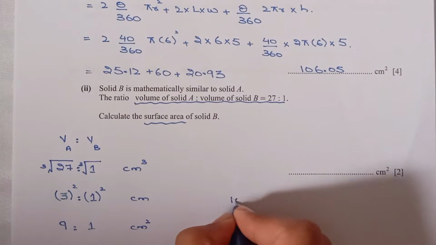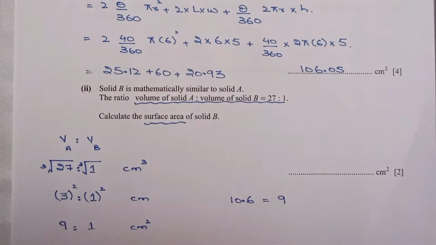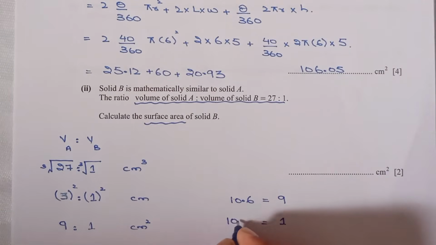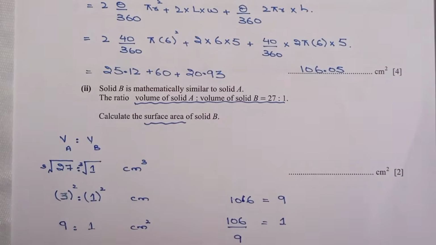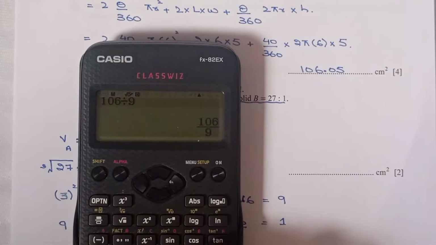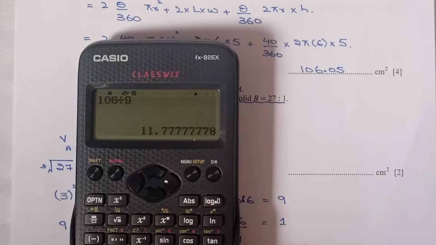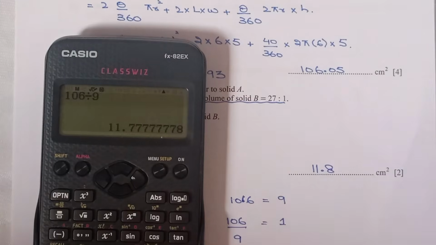So 106 is basically representing 9, right? And we need to find the value for 1. So 1 is representing 106 divided by 9. So let me do it. 106 divided by 9 is 11.777, so it would be 11.8 centimeters squared.